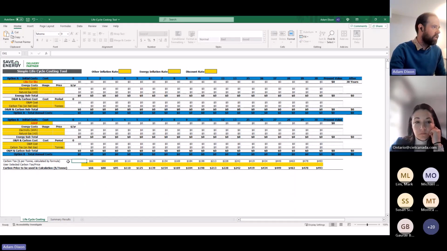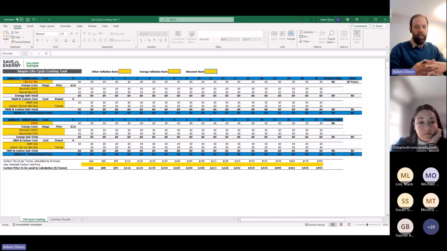All the other sheets, in the tool you download, are locked. If you're looking at the discount rate, we're not using a formula here to calculate it. You're going to have to research the discount rate. There are a number of formulas out there to calculate it. I would talk to somebody in your financial department on what they use for a discount rate.